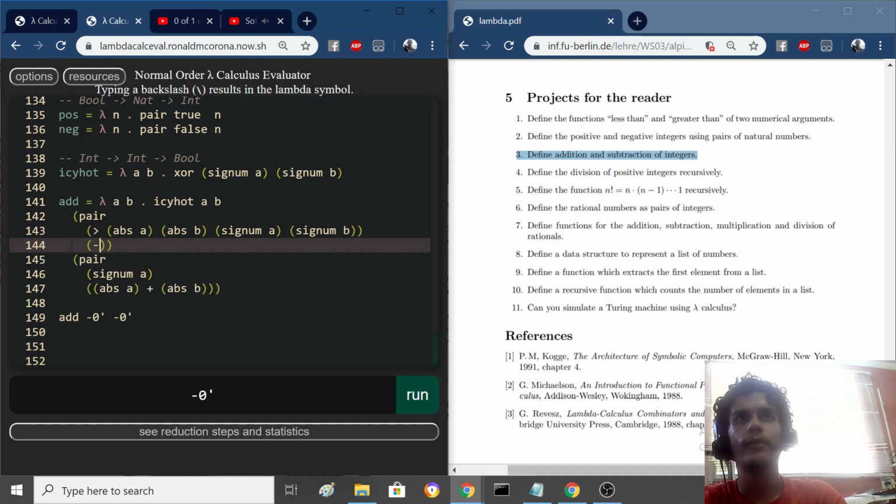So what we do is we subtract the bigger one, which is the maximum, which I'll define that function right away. The maximum of abs A, abs B, subtracted by the minimum of abs A, abs B. Okay, so there we go. That is the subtraction.